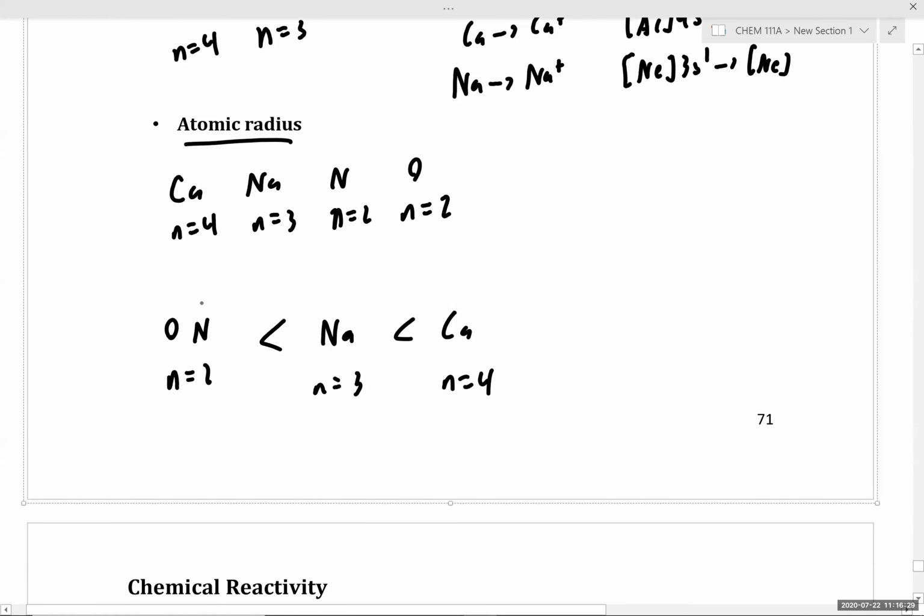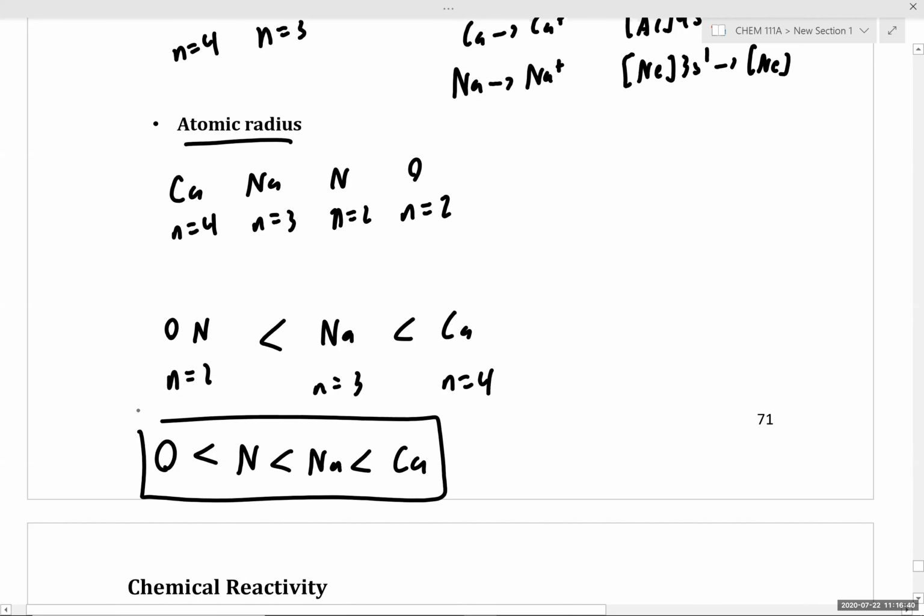Now we look at the number of protons. Oxygen has a greater number of protons, so it has the smallest atomic radius. So here's our ranking for each of these 4 elements in order of increasing atomic radius. Any questions on these examples?